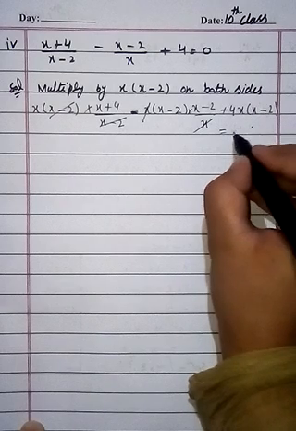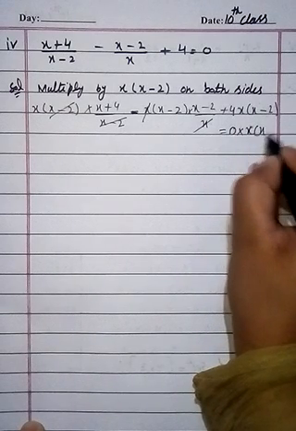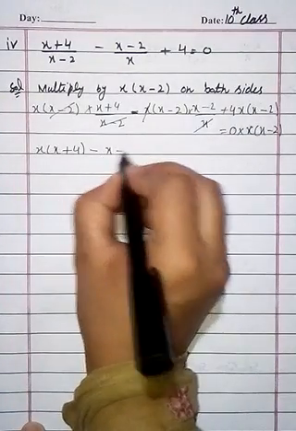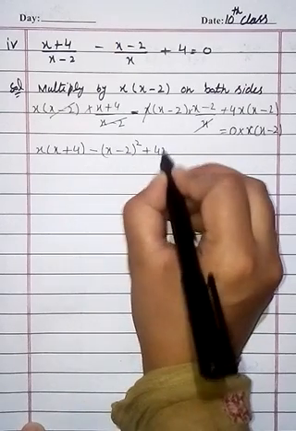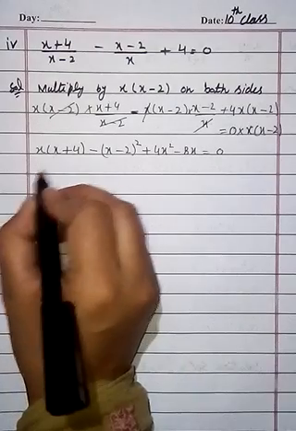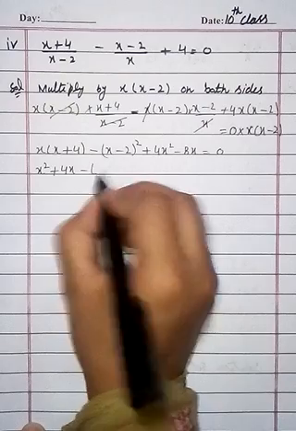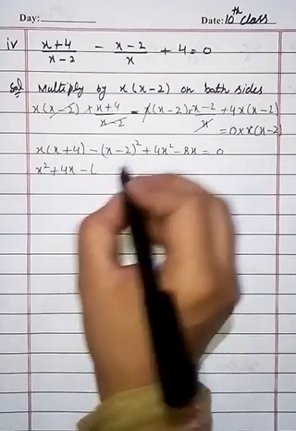There is no space, so I will write here 0 multiplied by x into x minus 2, then the whole term will be 0. So write the remaining terms: x minus 2 written here 2 times, so write it as a whole square. Now 4x square minus 8x equals 0. Now open the whole square, a minus b whole square equals a square minus 2ab plus b square.